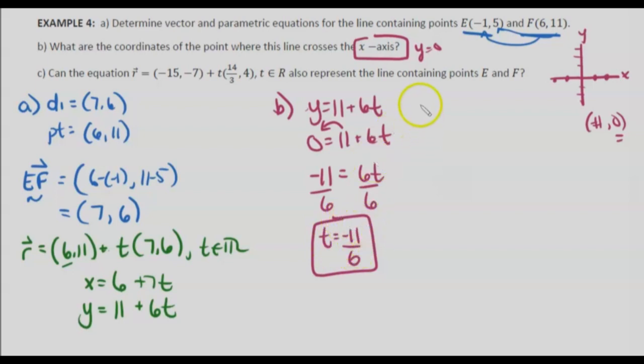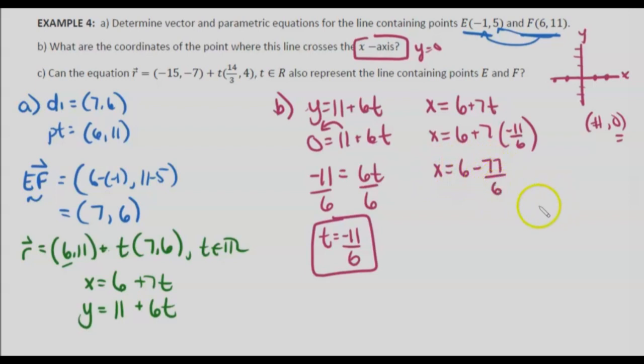Now, we want to find the x. We don't know what the x is. So let's write the x parametric equation. 6 plus 7t. Okay, let's go ahead and sub in negative 11 over 6 for the parameter. So we're going to have x equals 6 minus 77 over 6. If you want a common denominator, we're going to multiply by 6 over 6.